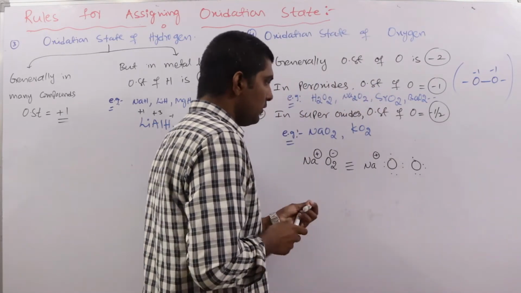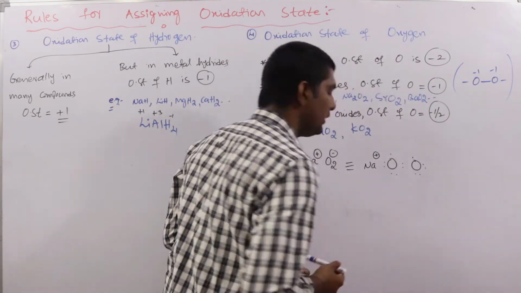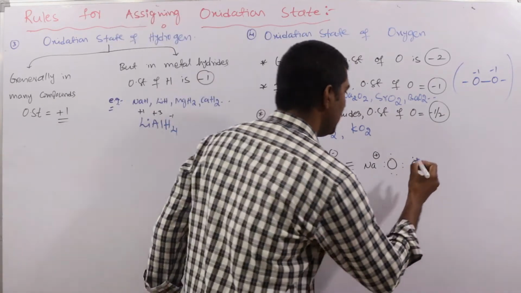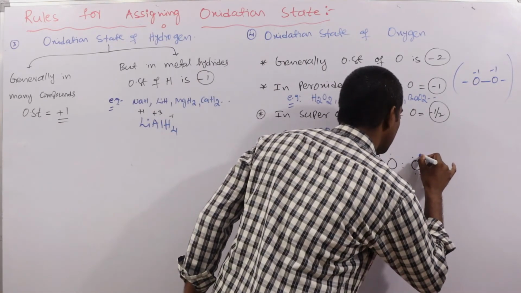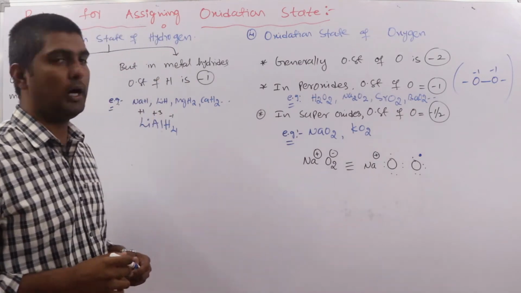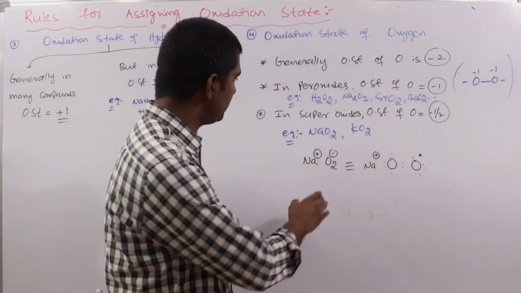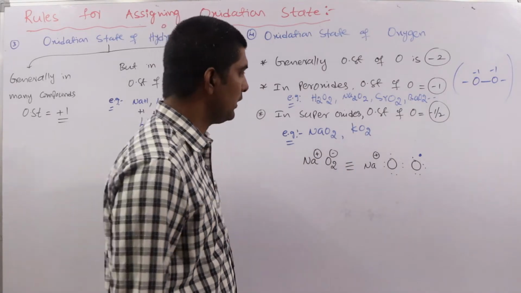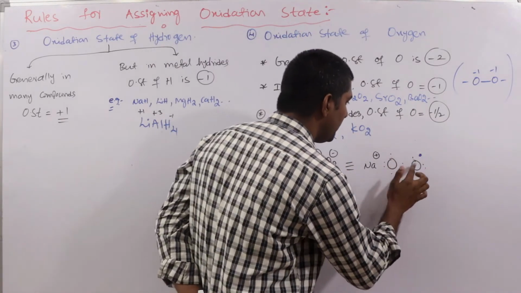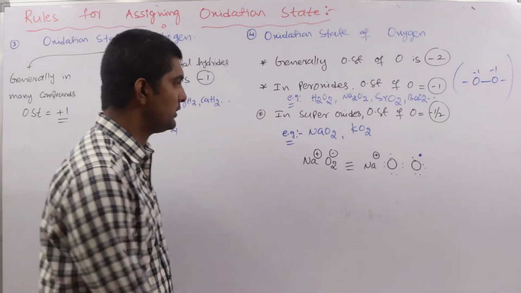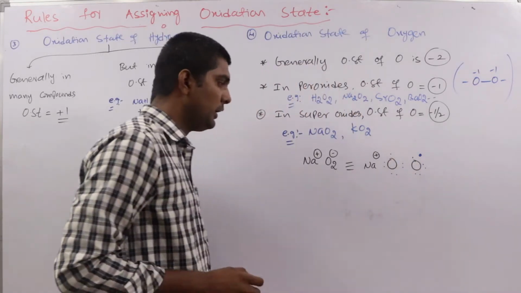Here 2 electrons are involved in the bonding between oxygen, and this is the extra electron which is taken from the cation, that may be sodium or potassium, whatever it may be. Now this is delocalized between these two.